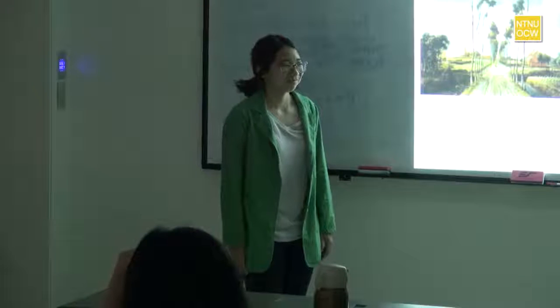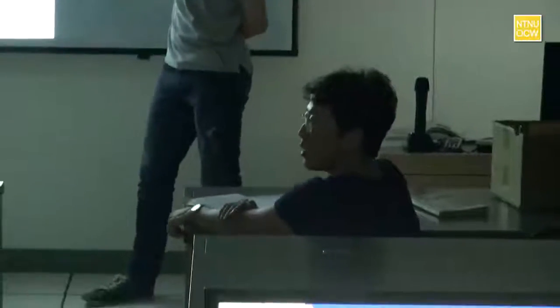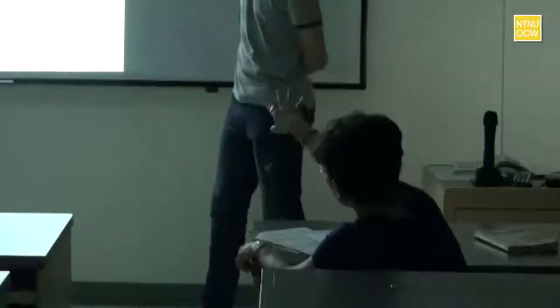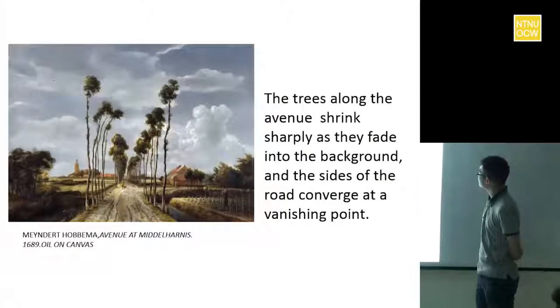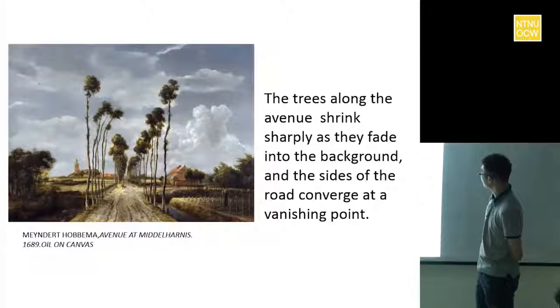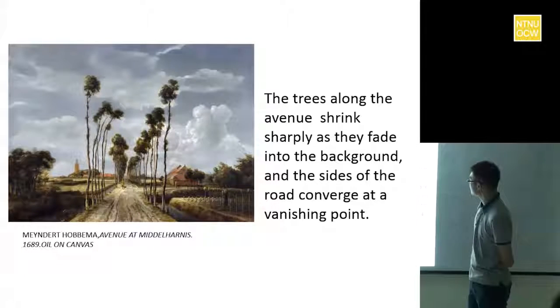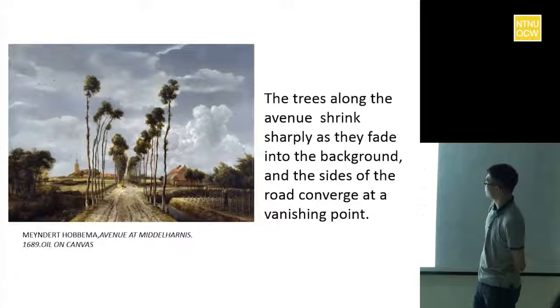Feeling of depth. OK, thank you Yuxuan. Do you all understand? This is actually elementary school art principles. Please read the English you prepared. The trees along the avenue shrink swiftly as they fade into the background, and the sides of the road converge at a vanishing point.